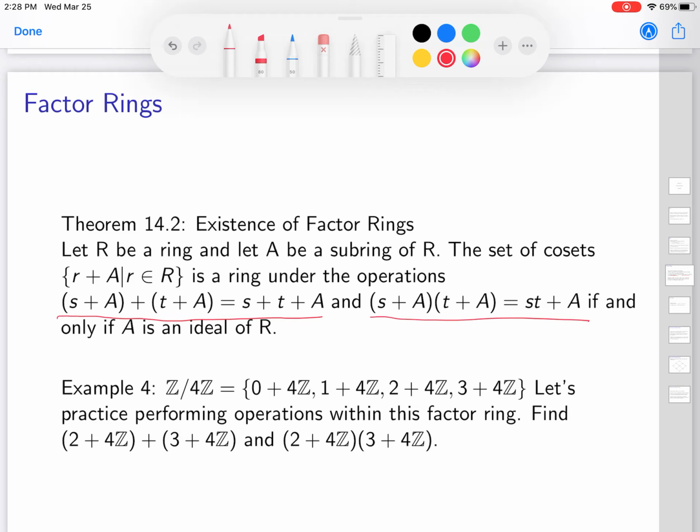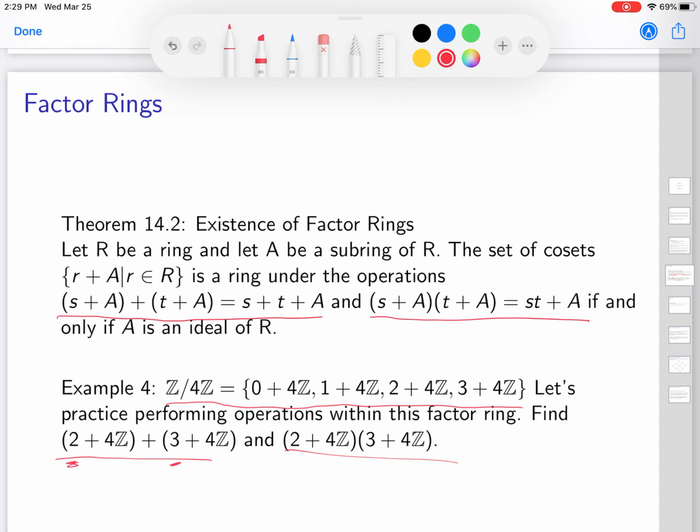So to get our hands dirty a little bit here, we're going to look at example 4, and we are going to look at the factor ring listed here. We have 0 plus 4Z, 1 plus 4Z, 2 plus 4Z, and 3 plus 4Z. Let's practice performing operations within this factor ring, one under addition and one under multiplication.